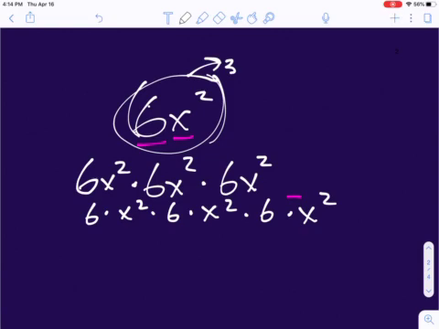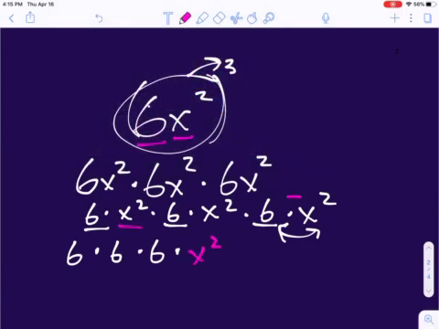I'm doing that to show you that now I can use the commutative property. The commutative property states that things can trade places when you multiply and it doesn't make a difference. So I'm going to take my 6's and put all my 6's together. Then I'm going to take my x squareds and move those next to each other, and then combine them and see what I get.